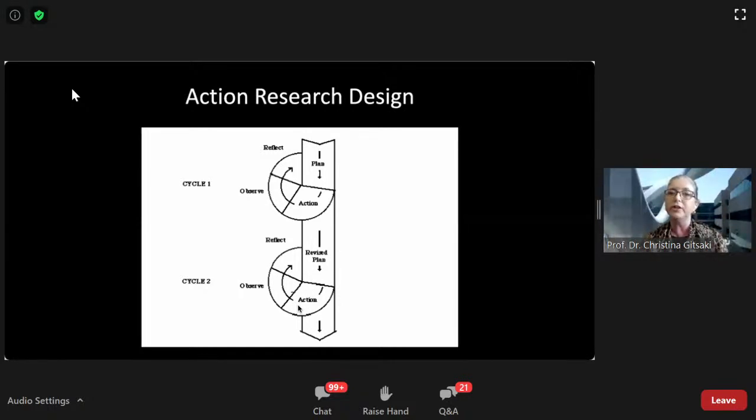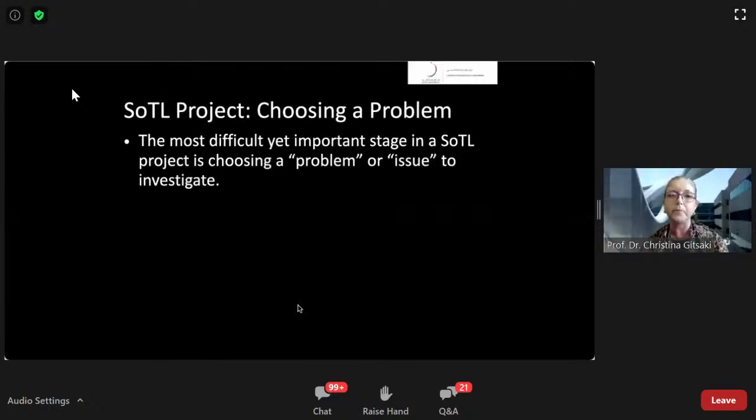Based on our observations, we then come out of the classroom, reflect on what happened, what worked, what didn't work, and then prepare for our next lesson, having understood what went on and trying to improve what we did the last time. But action research design is not the only research design that we utilize in SOTL projects, in classroom-based inquiries.